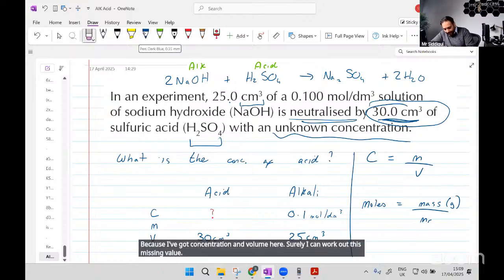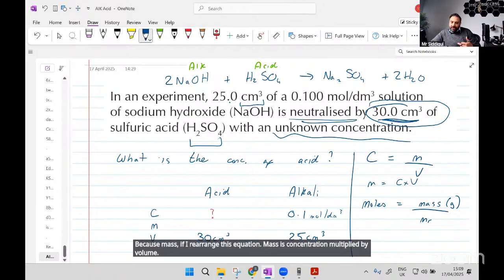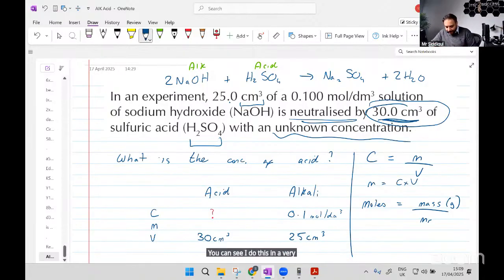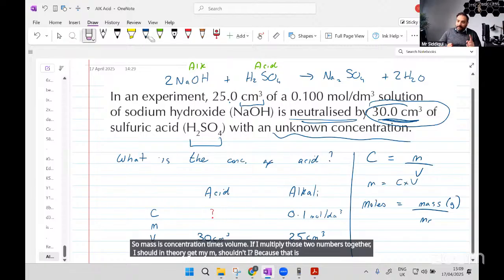Because if I rearrange this equation, mass is concentration multiplied by volume. You can see I do this in a very mathematical way. So mass is concentration times volume. So if I multiply those two numbers together, I should, in theory, get my m, shouldn't I? Because that is the rearrangement of the equation, except for one thing.